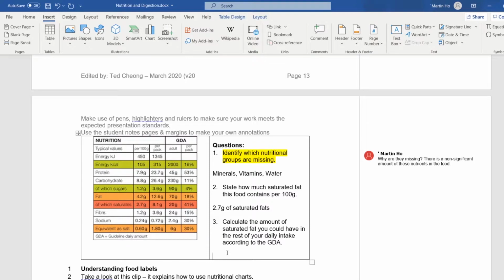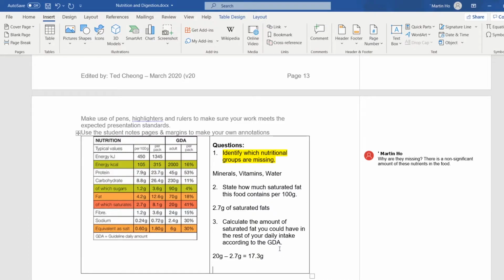However, we just need to take away 20 grams from 2.7 grams, and we get that we have 17.3 grams of saturated fat if we are to only intake 100 grams, or conversely, it would be 11.9 grams of saturated fat if you eat the entire package.